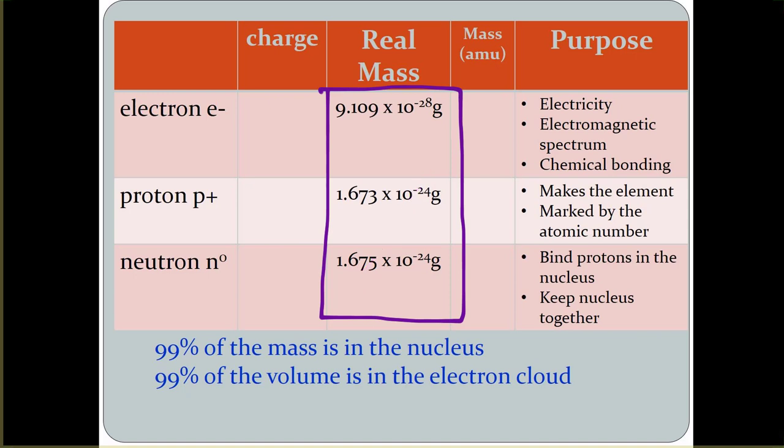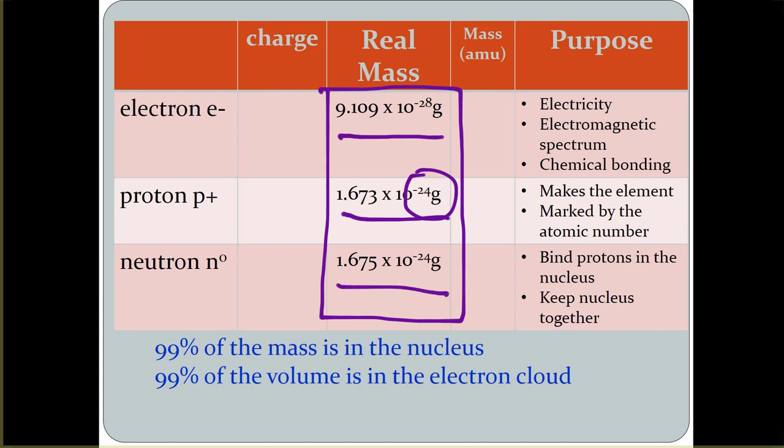So if you look, the electron is 9 times 10 to the negative 28 grams. So very, very, very, very small. Look at the proton in comparison. We see that the proton is much larger, 2,000 times larger, because it's 10 to the negative 24th. And now let's compare the neutron to the proton.